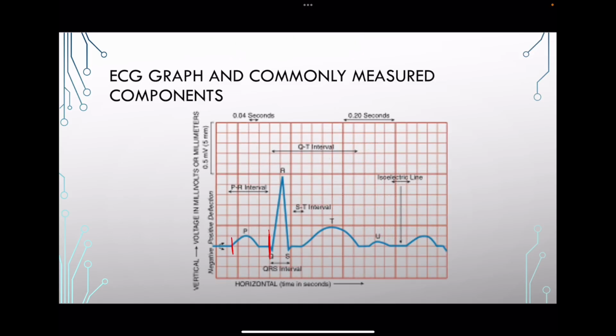Okay, so your QRS is where the Q starts and then where your S is. So QRS, that's your ventricles depolarizing. And then this is your T wave right here. Your T wave is your ventricles repolarizing.